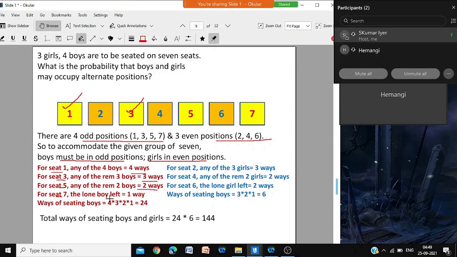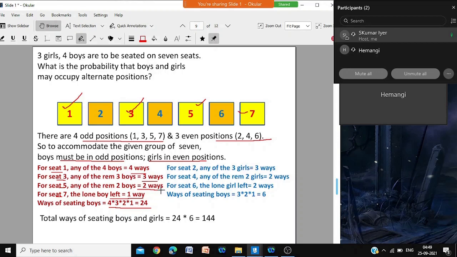And finally the only 1 boy is left, so there is no more choice, you have to put only that boy in seat number 7. So 4 multiplied by 3 multiplied by 2 multiplied by 1. Why we are saying multiplication? I told you, and. You have to accommodate the first boy and the second boy and the third boy and the fourth boy. And means multiplication.